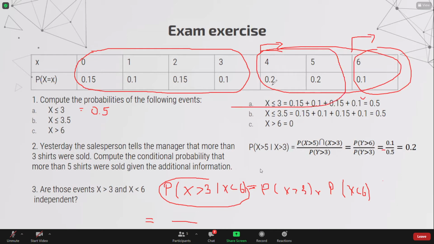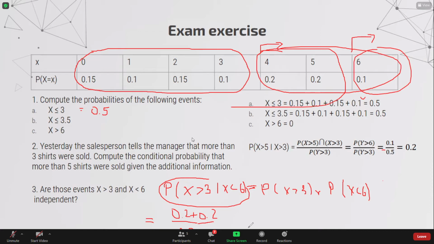That's the intersection here. So it is 0.2 plus 0.2 divided by the probability of X less than 6, which is just everything but not 6. And the easiest way to calculate it is just 1 minus 0.1, which is 0.9.